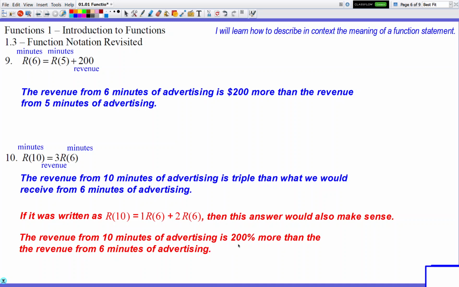That's the difference I wanted to make sure you understand: you can have 2 ways of writing this problem, with 3 times R of 6 or the way in red, and you're going to have 2 different translations.